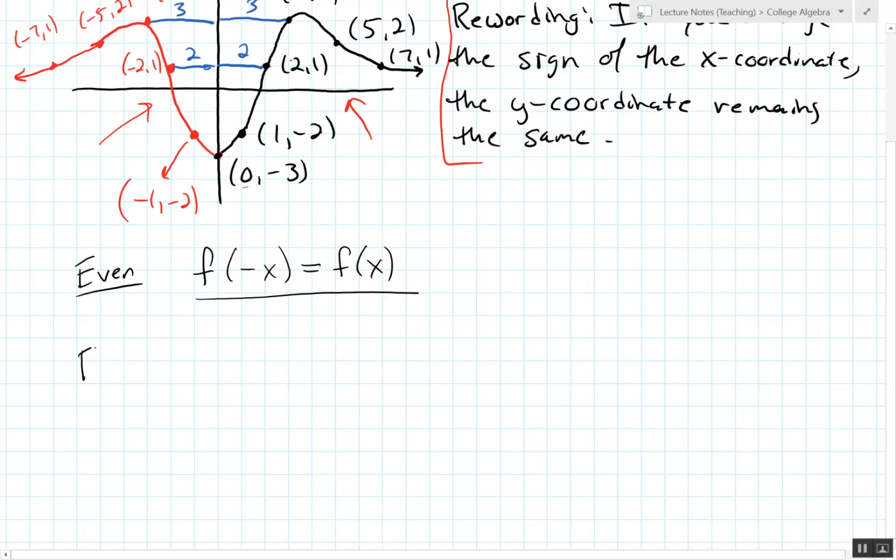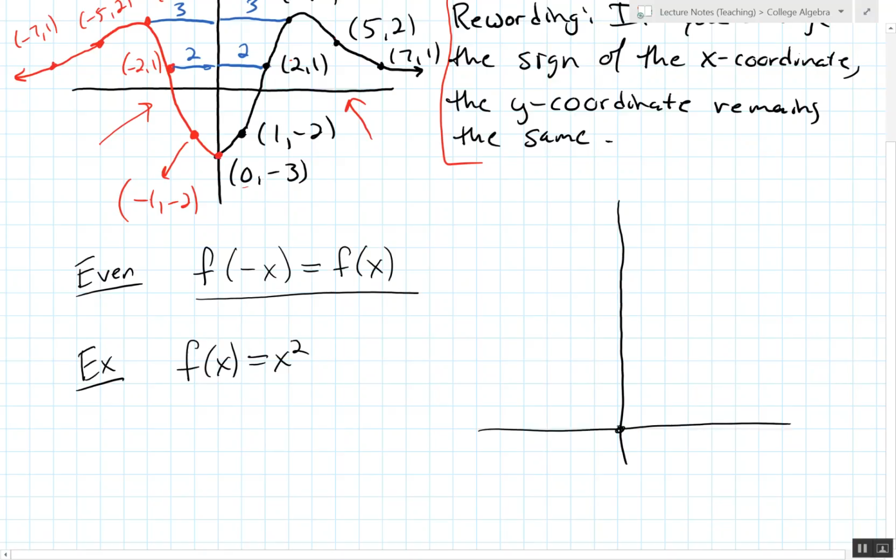An example of how to prove something is even is, for example, f of x equals x squared. This function is an even function because if we draw it, we'll have (0, 0). But if we look at (1, 1) and change the sign of the x-coordinate, well, the y-coordinate remains the same.